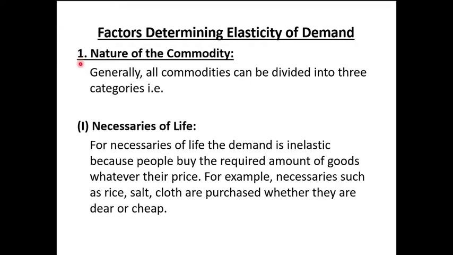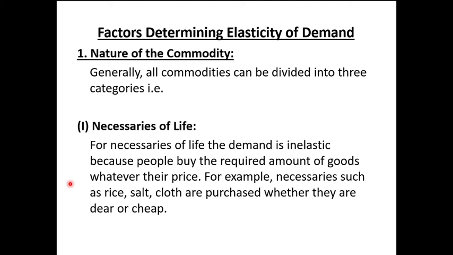The first one is nature of the commodity. Dear students, generally all commodities can be divided into 3 categories. We can classify the commodities into 3 categories. The first one is, as you know, the necessaries of life.